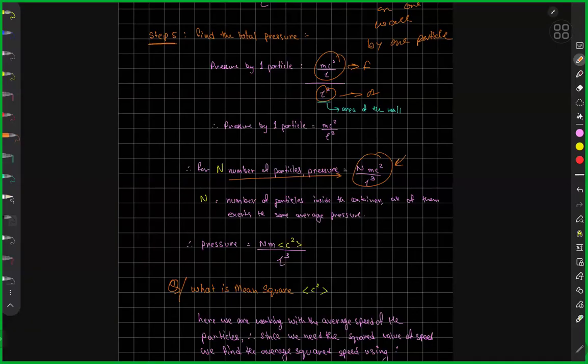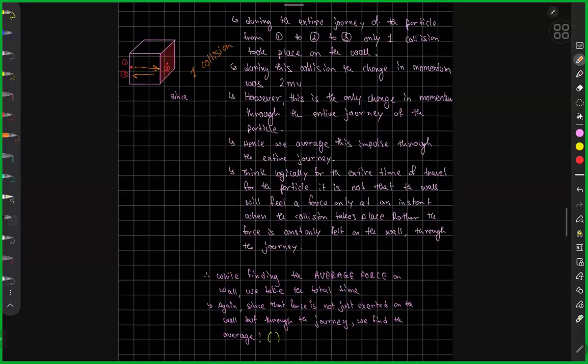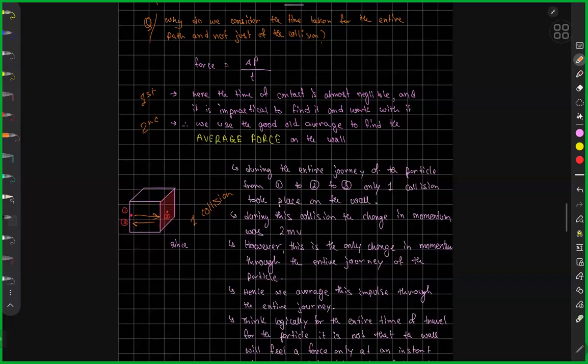Now all of these n particles exert the same average pressure that we found out. So it's simply n times this average pressure. Initially, what did we do? We considered the time of collision to be the entire journey.